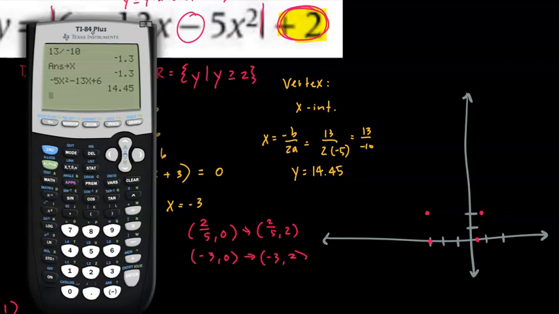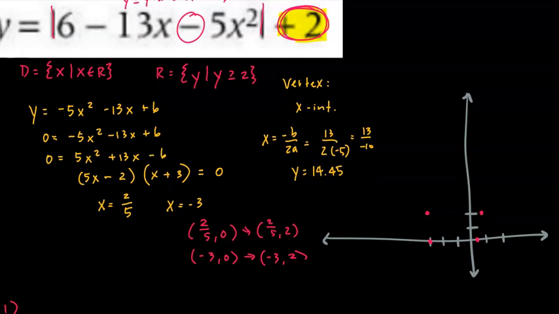Moved up 2 too. Okay. -1.3 and 14.45. I have to count 14. 1, 2, 3, 4, 5, 6, 7, 8, 9, 10, 11, 12, 13, 14.